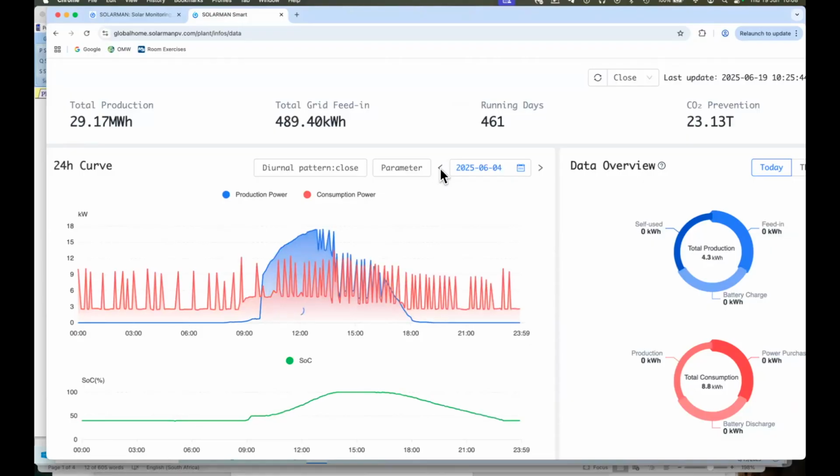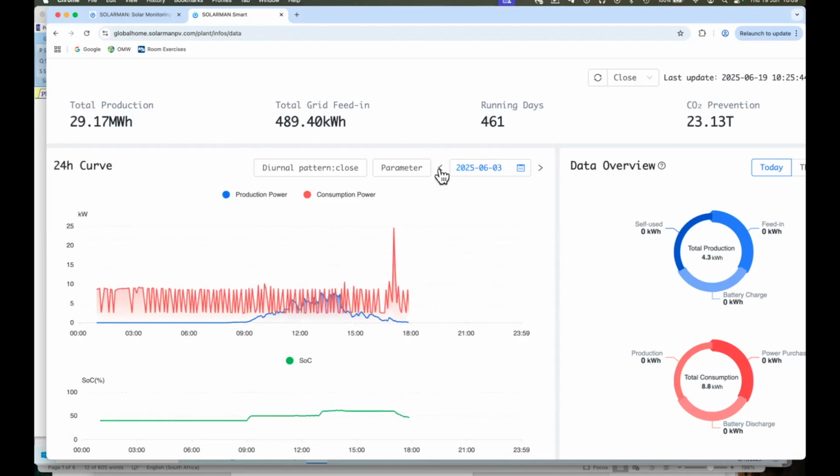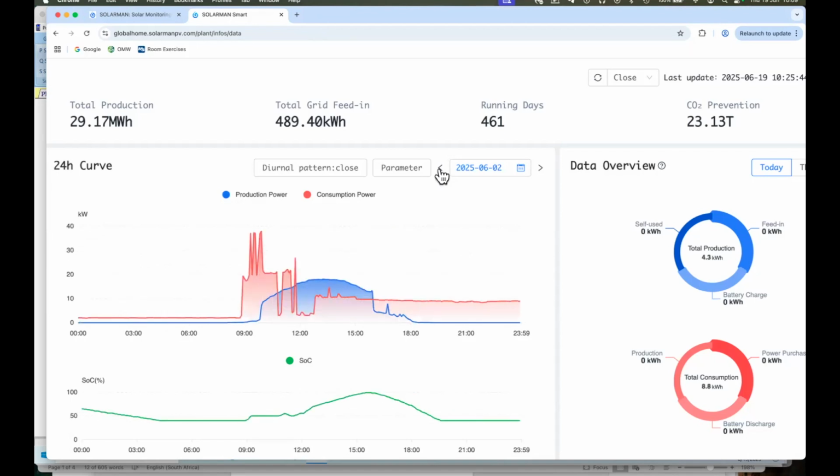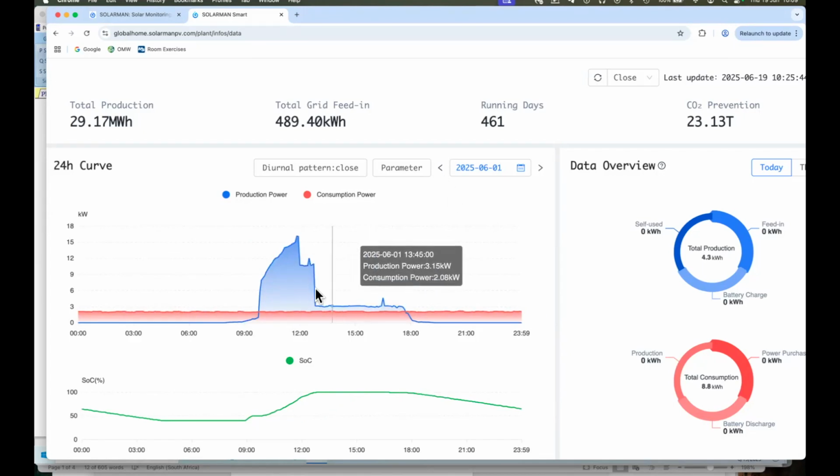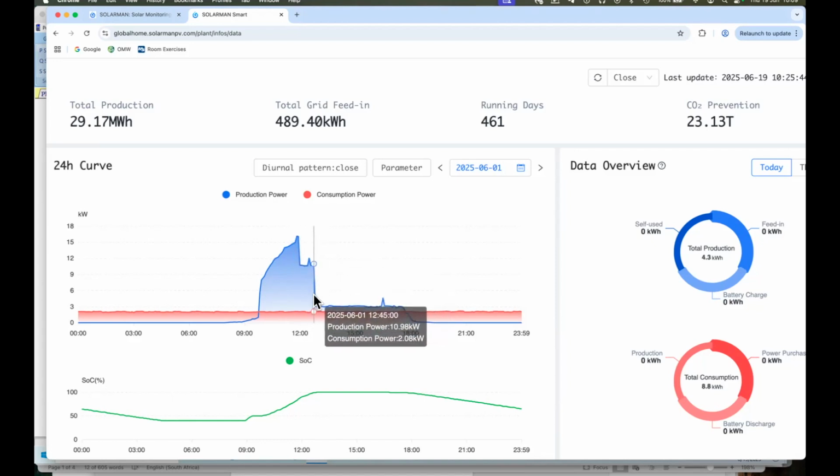Guys, what I find interesting, have a look at every single day. Apart from that one, do you guys see what I'm seeing? Have a look at what happens over here. For every single day, in the middle of the day, the solar power production is cut down to 3 kilowatts.